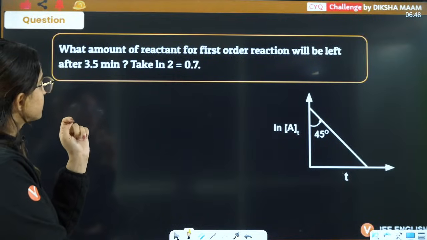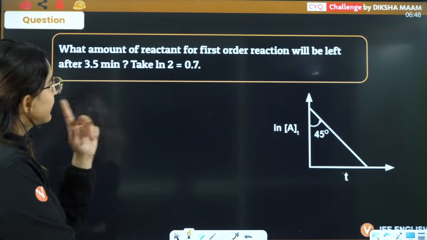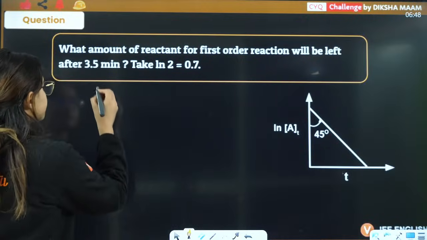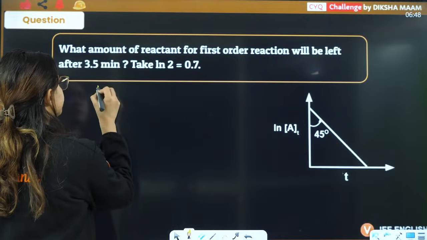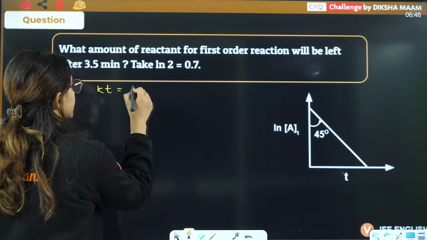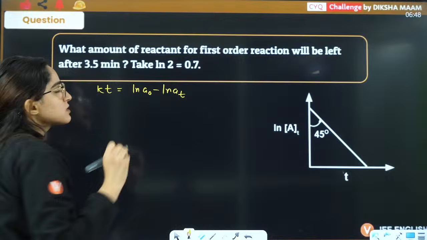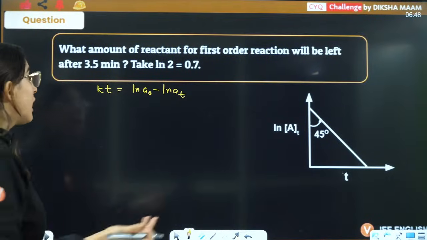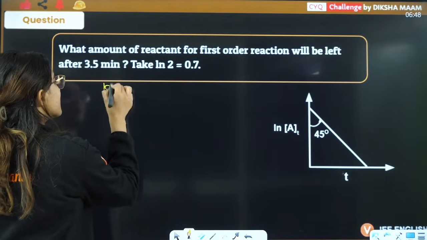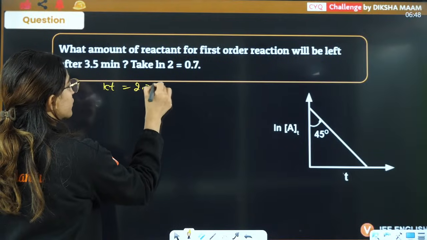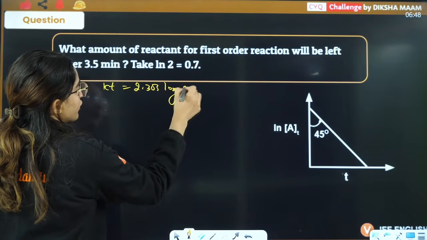Okay. What you can do here is plot ln of AT against T. We know ln of A0 minus ln of AT, this is the way we write. Acha ma'am, how do you write it? Arey simple yaar, 2.303 log of A0 by AT.